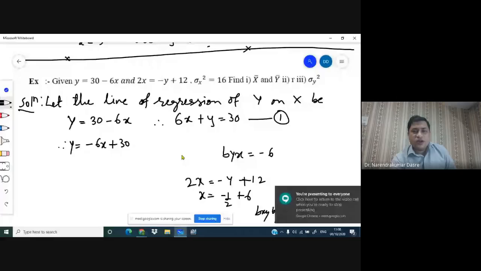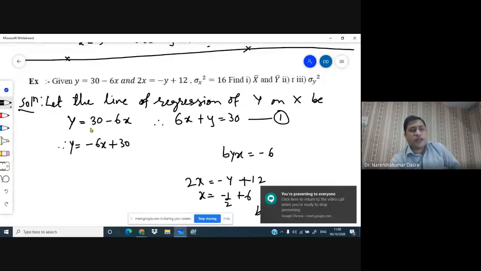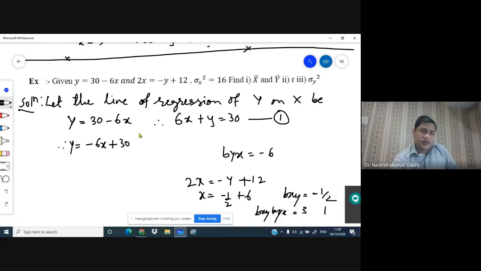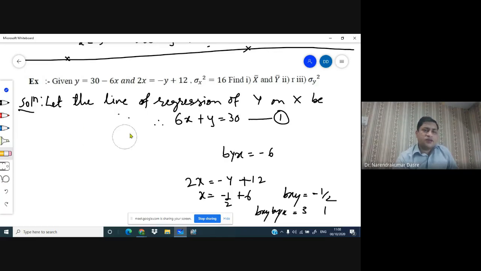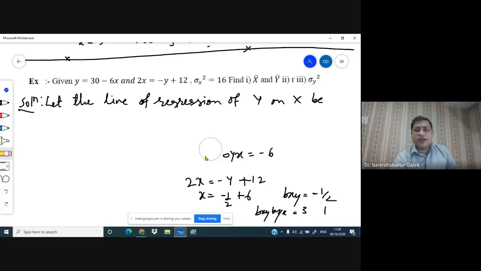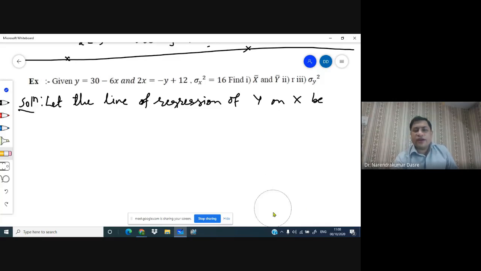Whatever line of regression I considered is not actually the line of regression of y on x, and hence we have to correct this. It means that the first line of regression is not the line of regression of y on x. Actually, it is the line of regression of x on y. So this line is x on y, and the other is y on x.